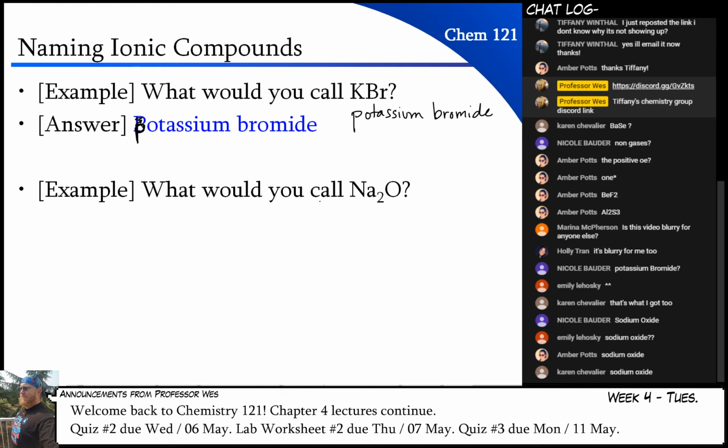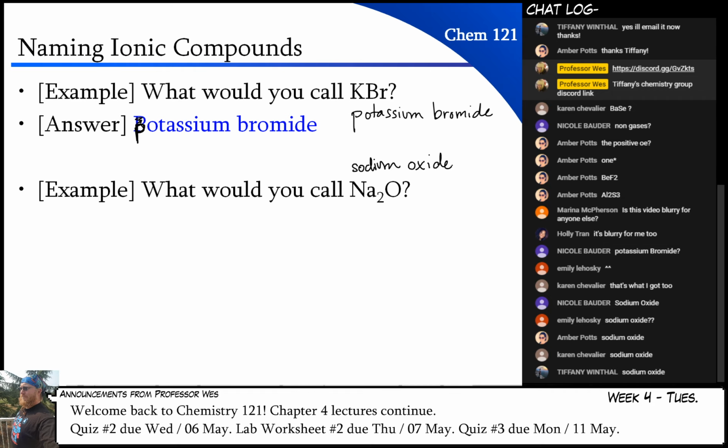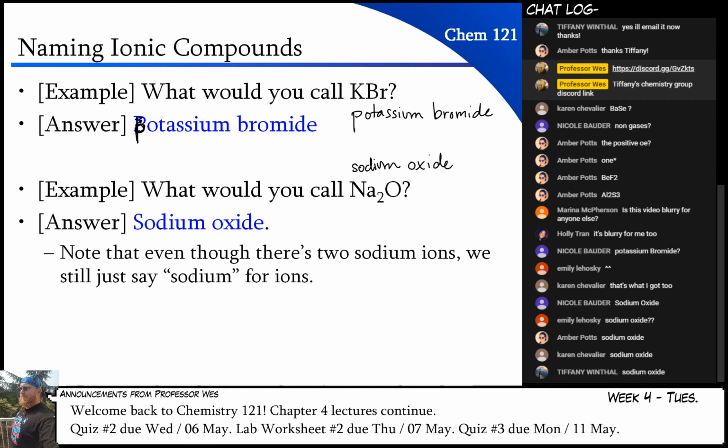Yay. So let's write out the name. So Na is sodium. It's in group 1A, which is one of the names that we just write by itself. And then O is oxygen, but we change the end to oxide. There you go. That's the right answer. Sodium oxide. Now you'll notice here that nowhere in the rule does it say to do anything with this number.